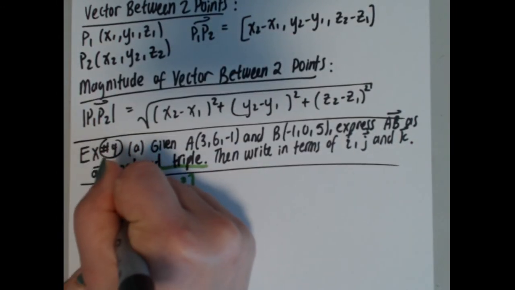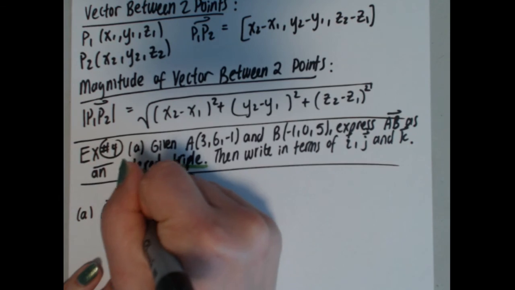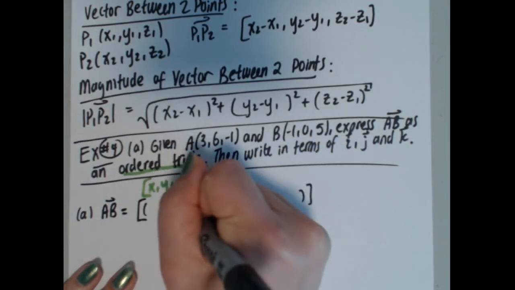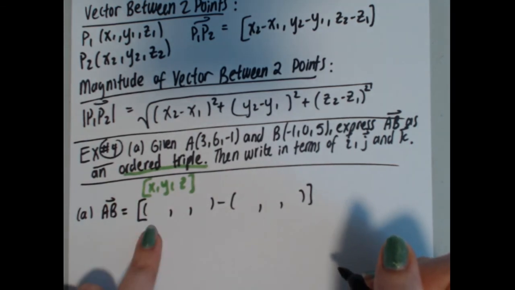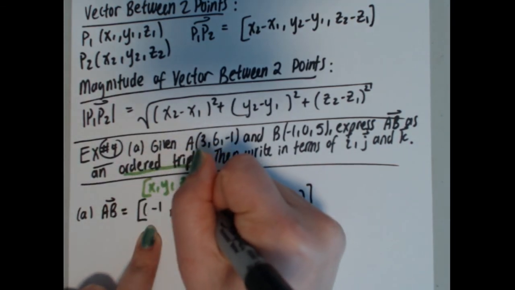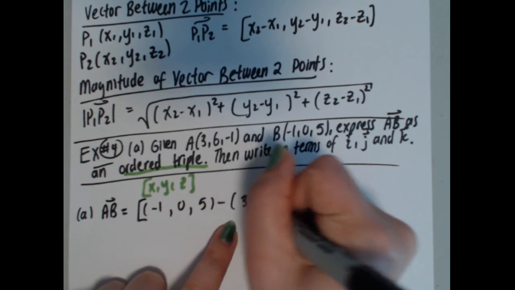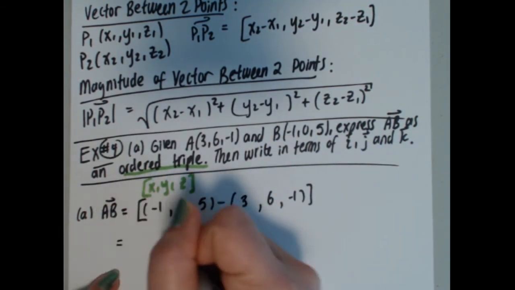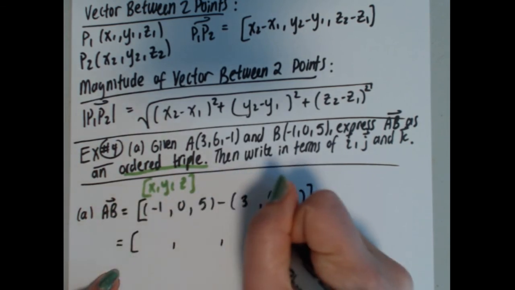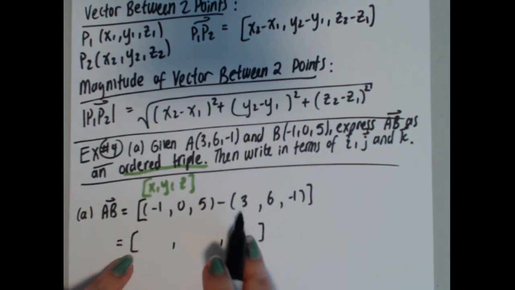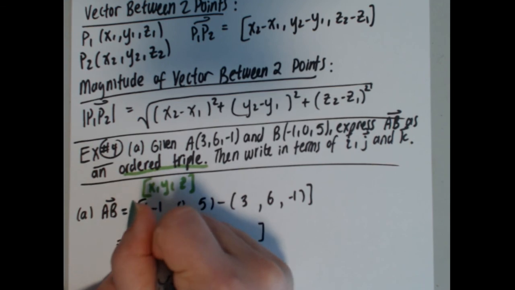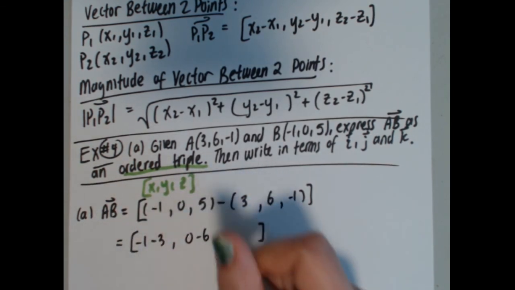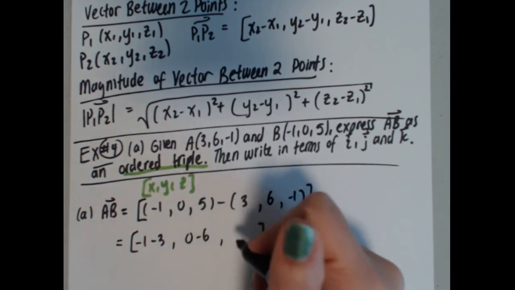So AB is equal to, we're going to subtract these 2 vectors from each other. It's going to be B minus A, so [-1, 0, 5] minus [3, 6, -1]. This means that you have to deal with x, y, and z all separately. So -1 minus 3 for x, 0 minus 6 for y, and for z, 5 minus -1.